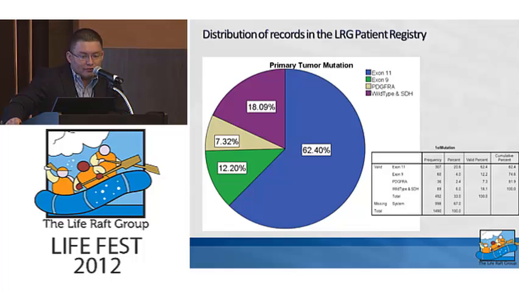Let's see the distribution based on primary tumor mutation. We have in our records the ones that have provided a mutational test result. We have 62% who are exon 11, 12.2% who are exon 9, 7.3% who are PDGFRA, and 18.09% wild type and SDH. Those are from the records that reported a mutational test. If you look at the table, between 1,500 records, only almost 500 records reported a primary tumor mutation.